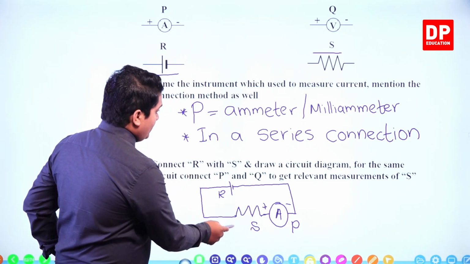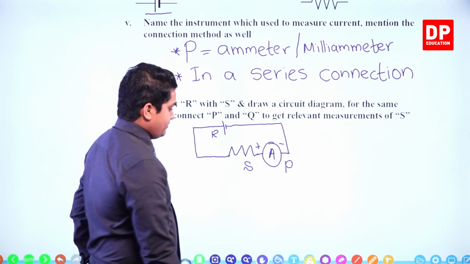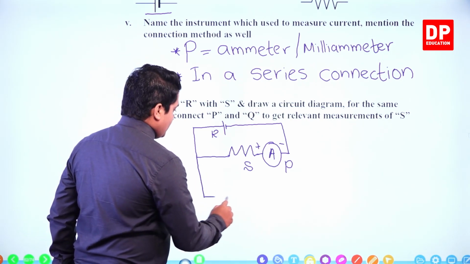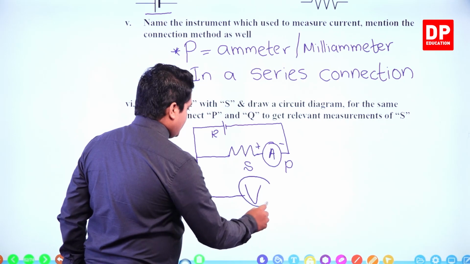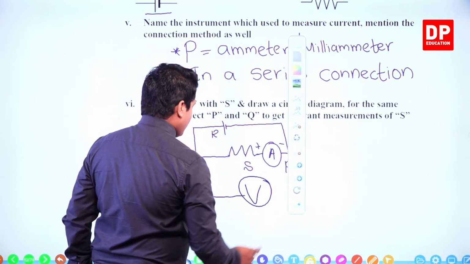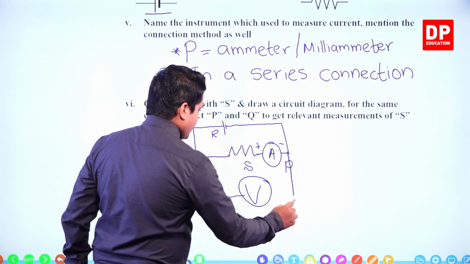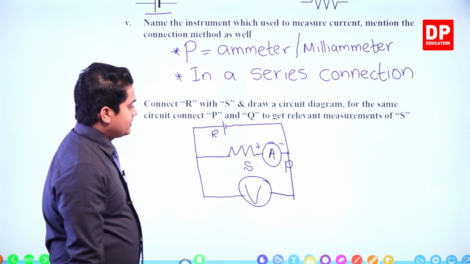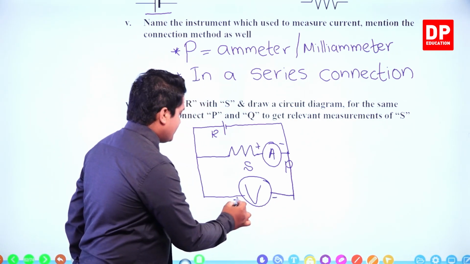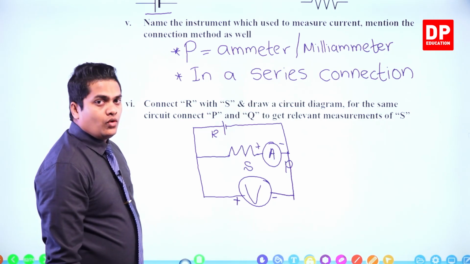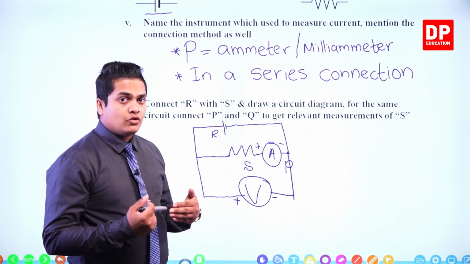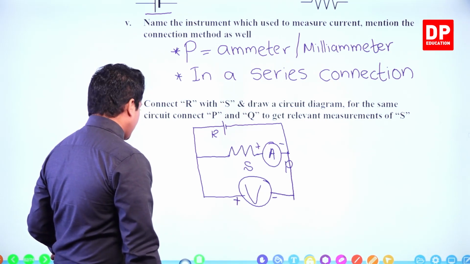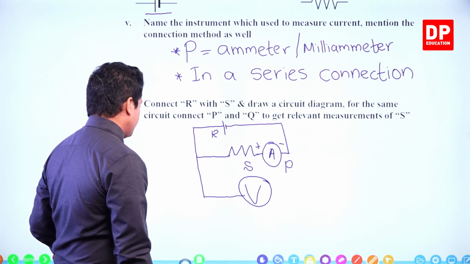So how to connect the voltmeter? It's really simple, my dear children. You need to plug in the voltmeter directly like this, right? So this is the negative terminal, this is the positive terminal. Now we are about to measure the potential difference of this resistor. So if you want, you can connect the voltmeter the other way around also.